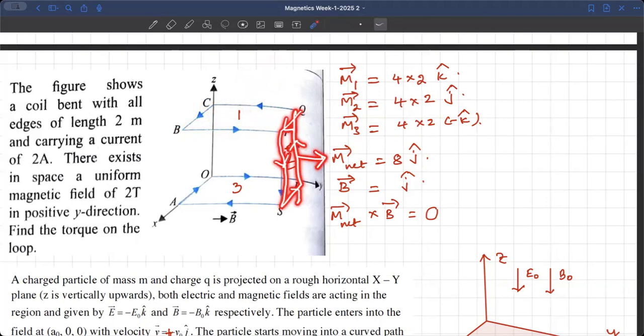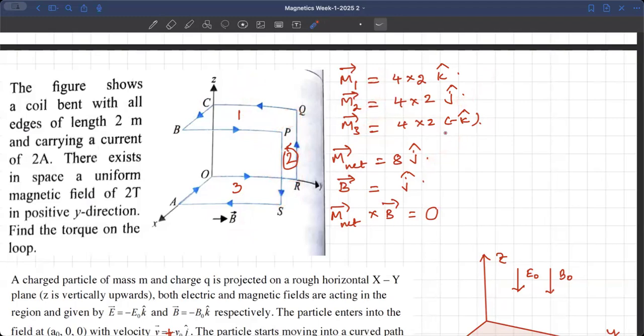I am just using the right hand grip rule. Same thing for 3, and for 3 you can see that the magnetic moment vector is directed downwards. Frankly speaking, 1 and 3 mutually cancel each other because they are exactly the same in magnitude but opposite in direction. The only thing that contributes to the magnetic moment is this loop alone, and that loop's magnetic moment is along j cap. So M1 bar plus M2 bar plus M3 bar, M net is 8 j cap.